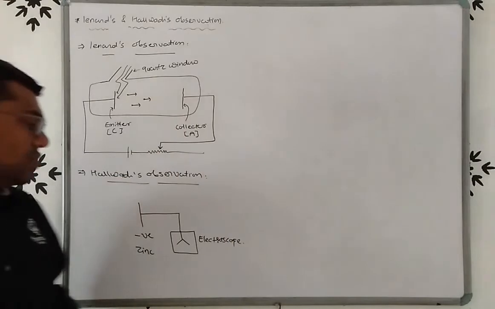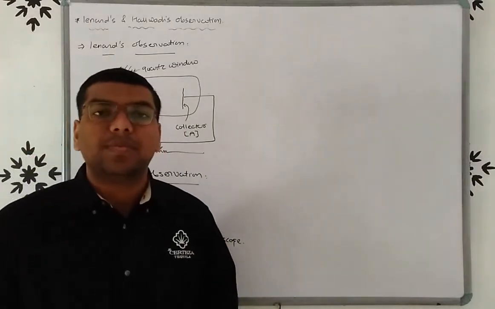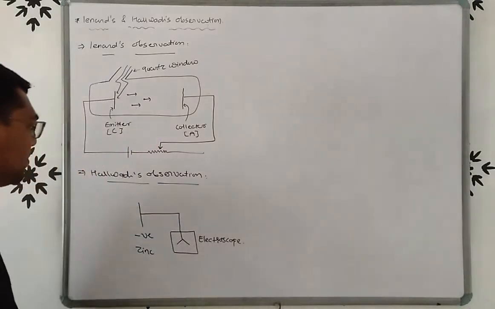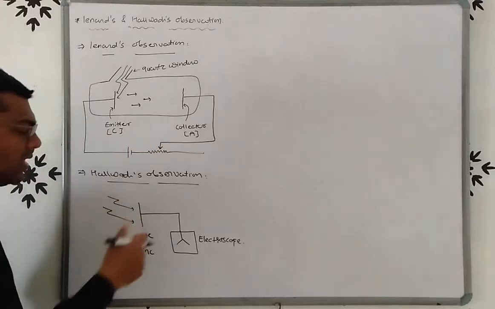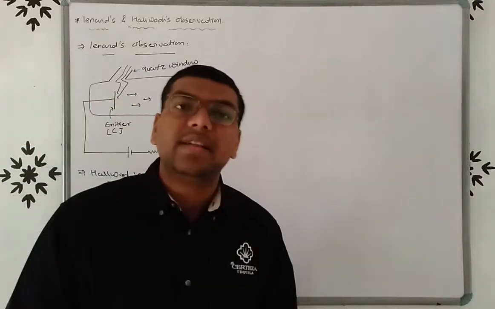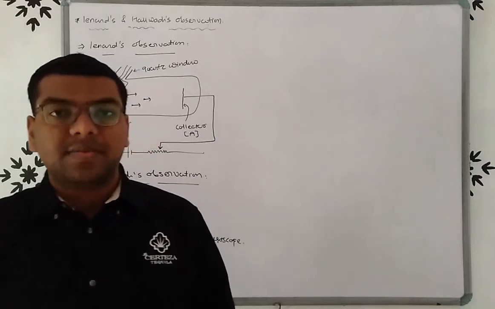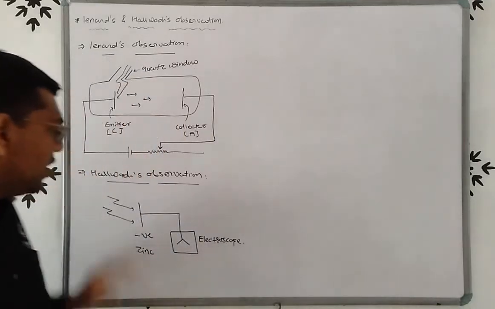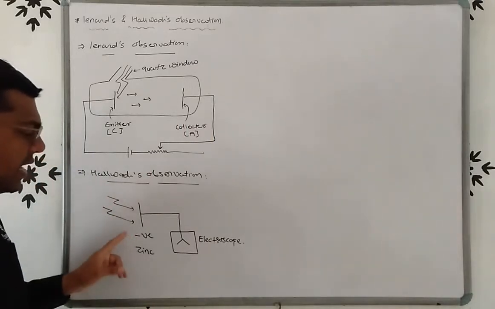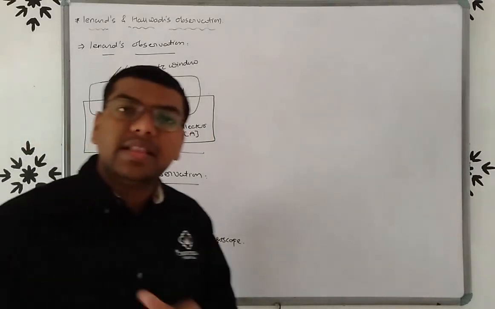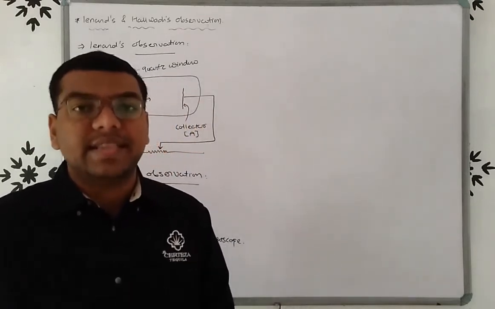Now we observe that when the UV rays are applied on the negatively charged zinc plate, the charge on the plate starts decreasing. Once again I repeat, we observe that as the UV rays are incident on the negatively charged zinc plate, the charge on this plate starts decreasing.